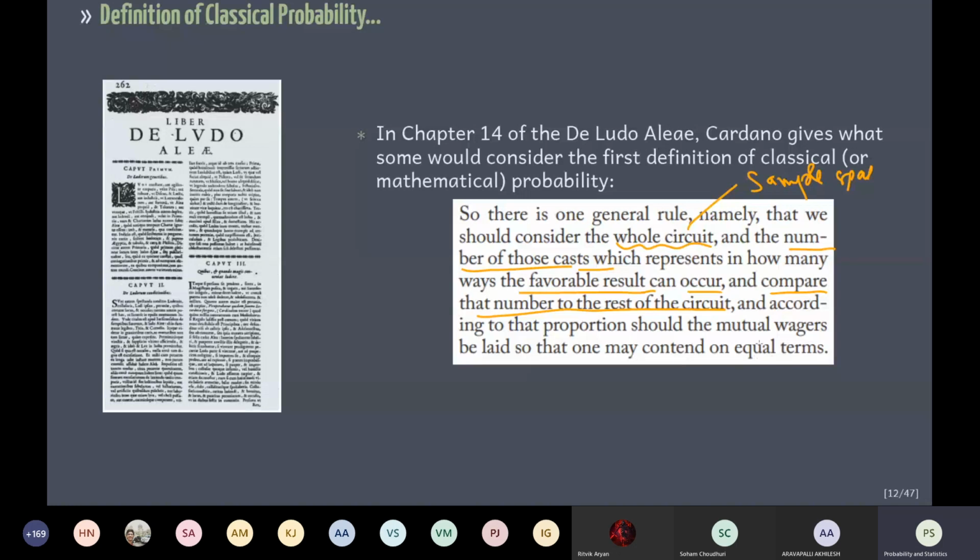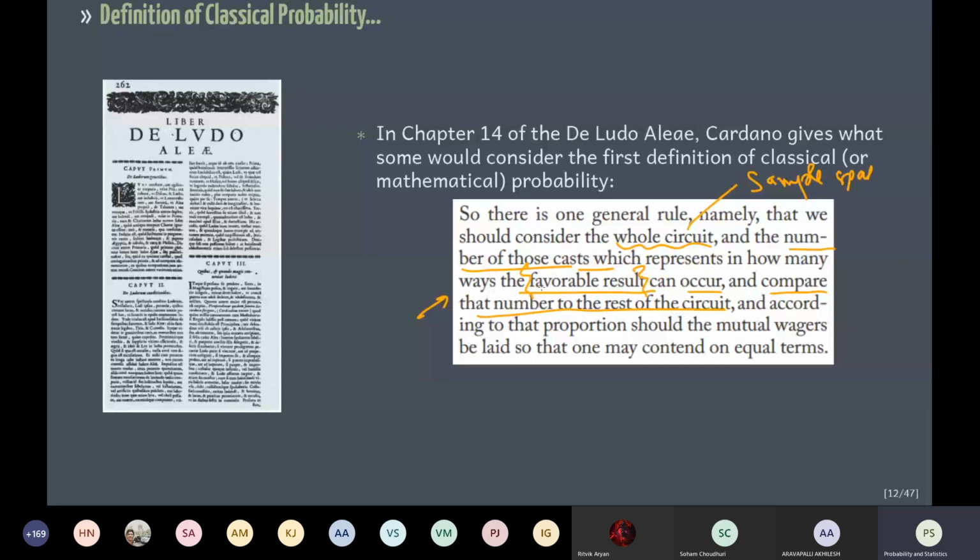So what he's trying to say is that he's considering the sample space, and then he's considering the favorable results. The favorable results are the event that I'm expecting. For example, if I toss a coin, head and tail are all the possible outcomes. That forms a sample space, and what I favor is head, let us say, then that becomes an event for me.